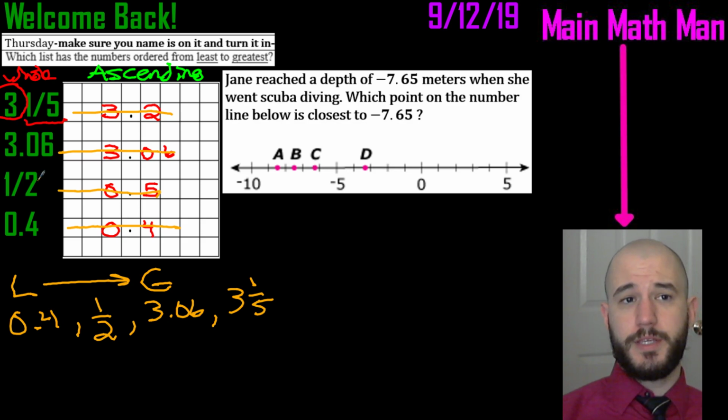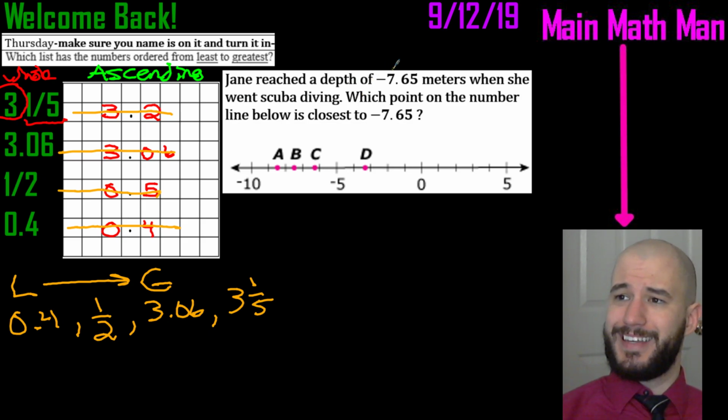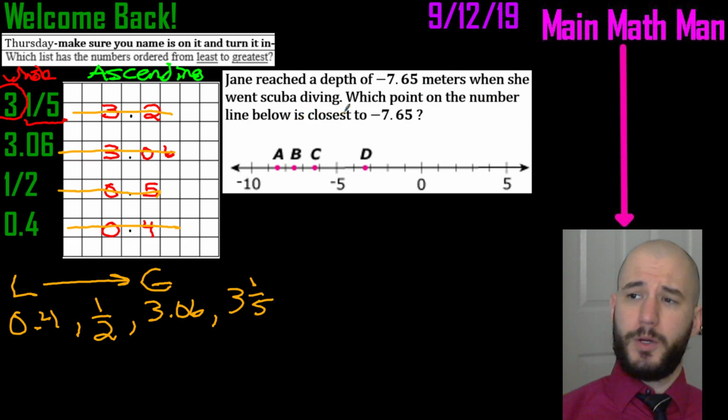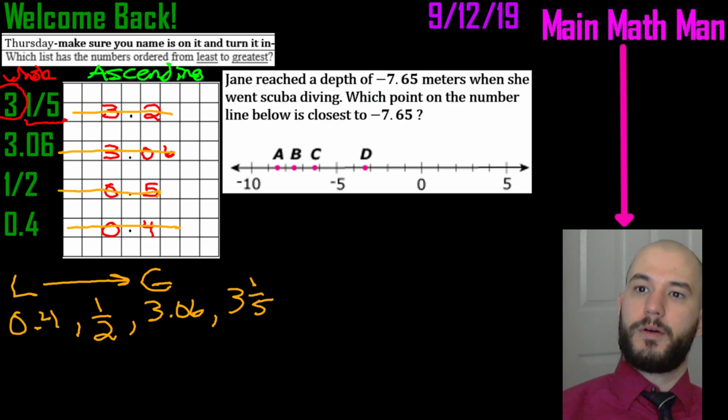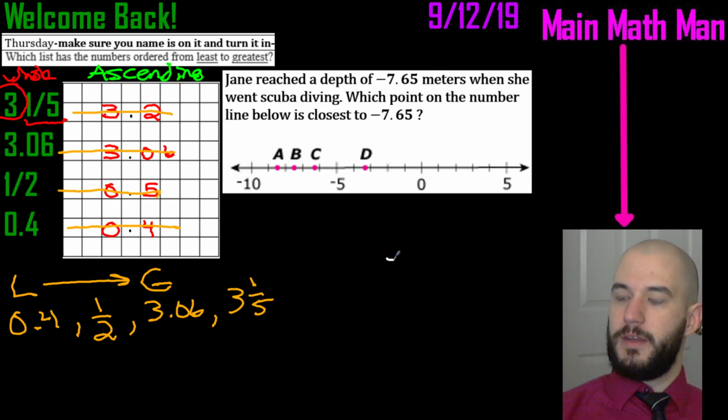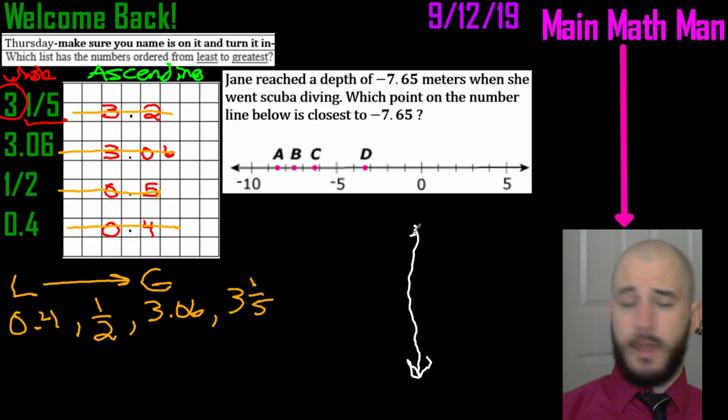For the second one, it says, Jane reached a depth of negative 0.65 meters when she went scuba diving. And it says, which point on the number line below is closest to negative 6.5. So again, make sure you're thinking, okay, when you go below sea level, if you needed to, you could draw the number line vertically, perfectly straight line every time.